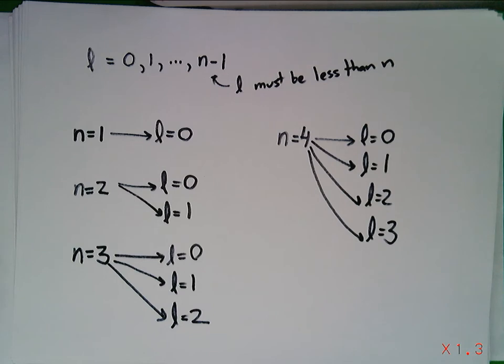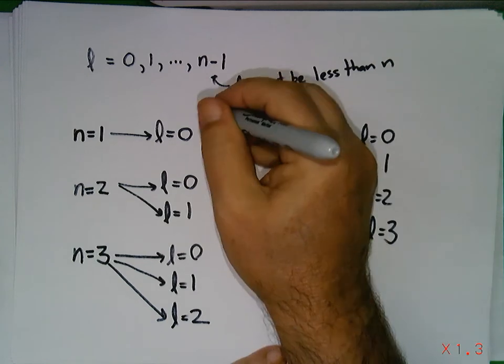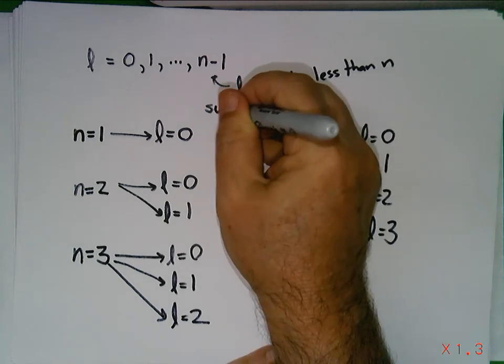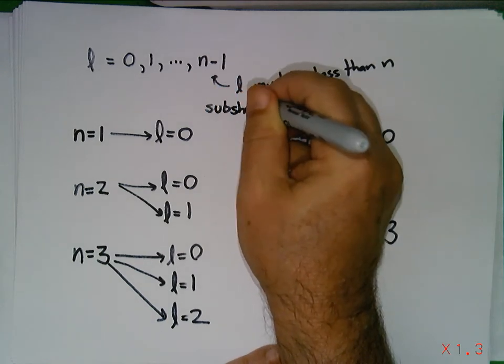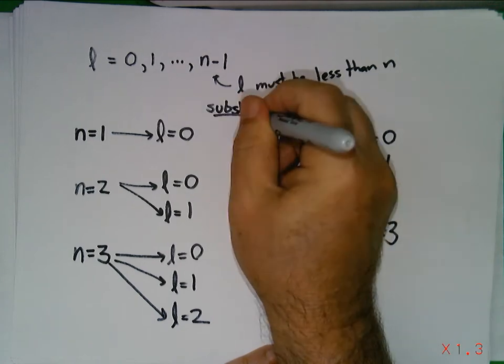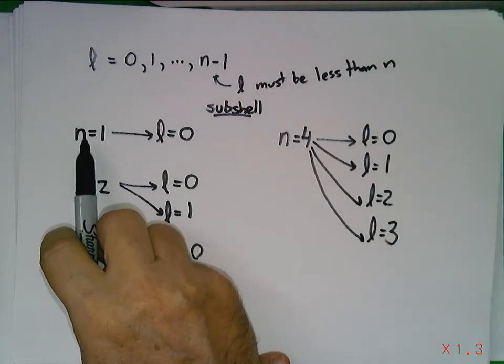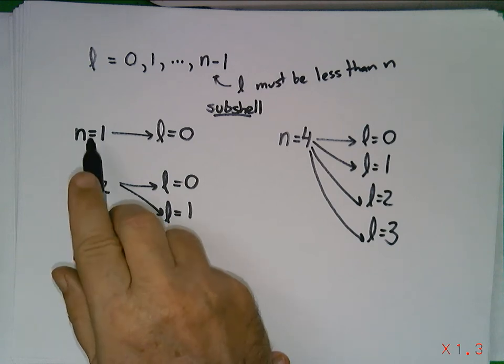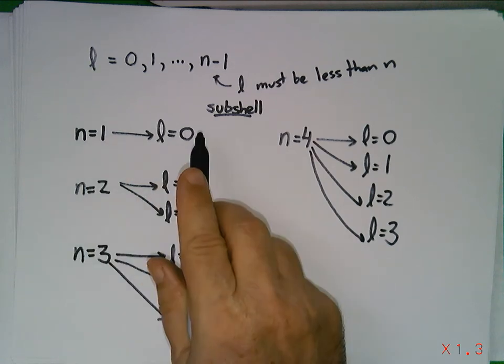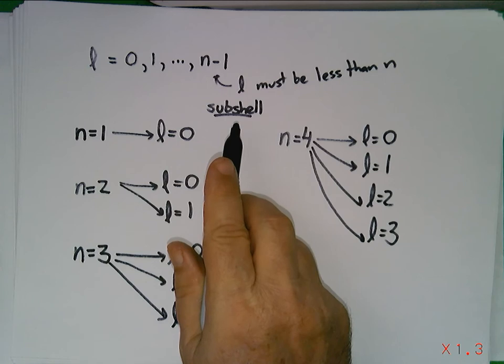Now, this gets kind of clunky, listing all of these L values. Let's name these situations. I'm going to introduce what I'm going to call subshell notation. So we called things that had the same value of n shells. We're going to call things that have the same value of n and L subshells.